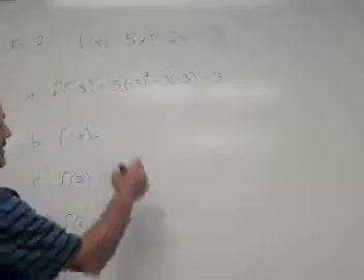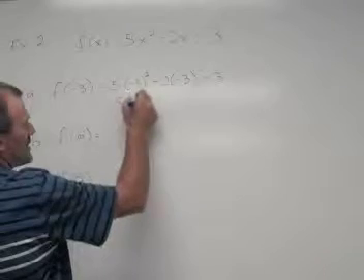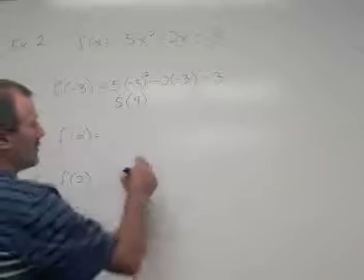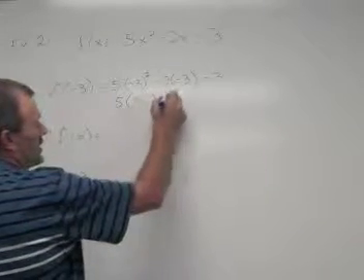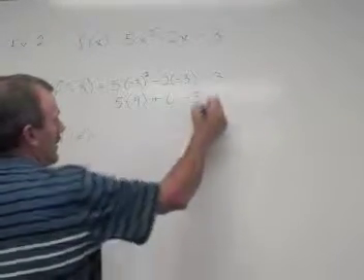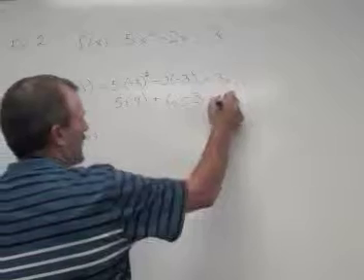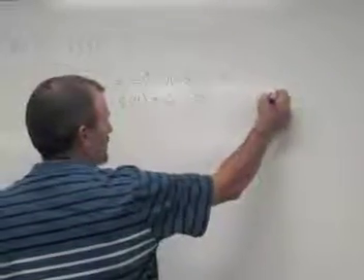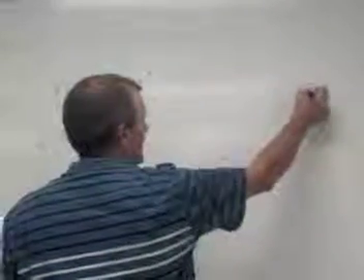So as we simplify this, this is 5 times 9, -3 times -3, plus 6, 2 times -3, and then -3. And that gives us 45 plus 6 minus 3, which is 48.